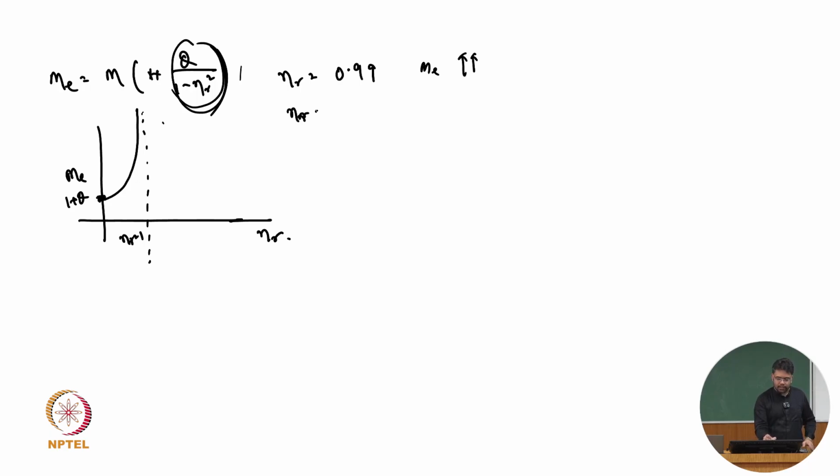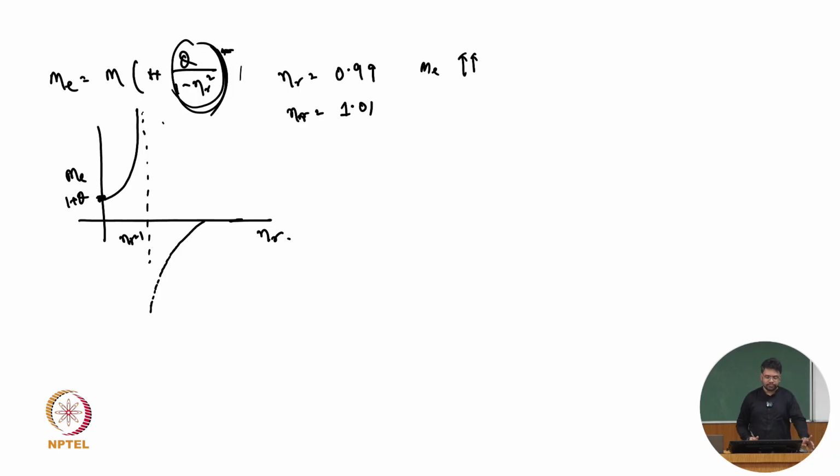Now if I put eta r equal to 1.01, then eta r square is very close to 1 but a little bit on the larger side. So this value again is very high, but with a negative sign. So 1 minus that very high negative number is again a very high negative number. So here we can see a sign change, and it will come like this.